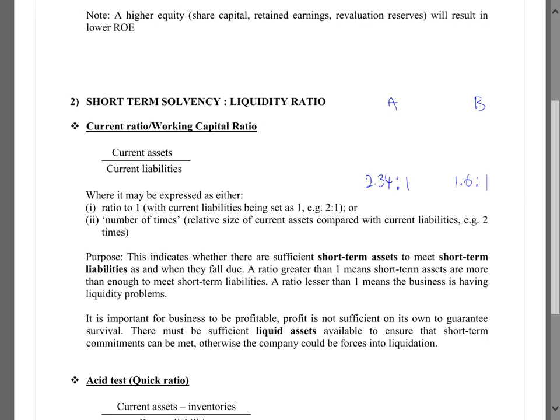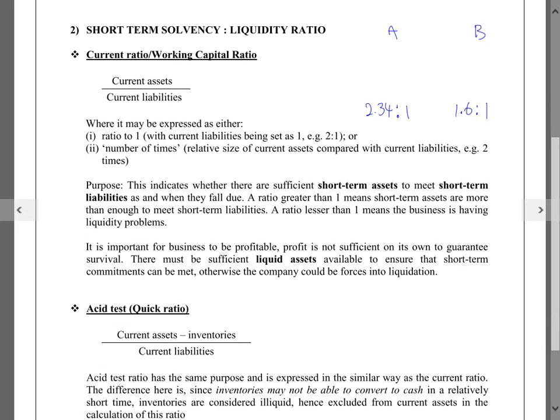Next, the quick asset ratio. You minus out the inventory, right? You know why, right? Don't know.